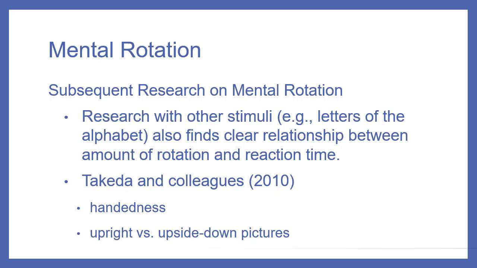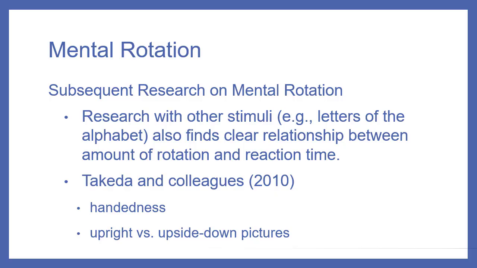If a right-handed person sees a picture of a hand and has to rotate it to determine which hand it is, a right or left hand, a right-handed person has an easier time doing that if it's a right hand than a left hand. However, left-handed people don't show a difference between a rotated left hand and a right hand. They can identify if it's a left or right hand at the same speed.